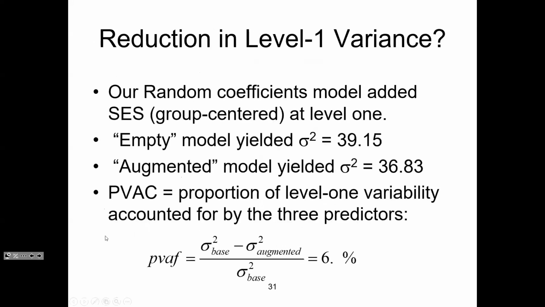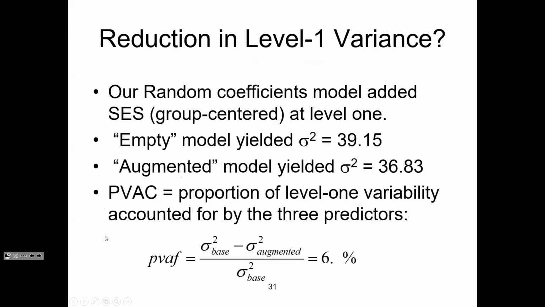So here you go. I have an example where it's our random coefficients model. This is slightly different from the example that we did in class yesterday, because I have group mean centered SES on this slide, but the same idea holds true. In the empty model, we had a sigma squared of 39.15.